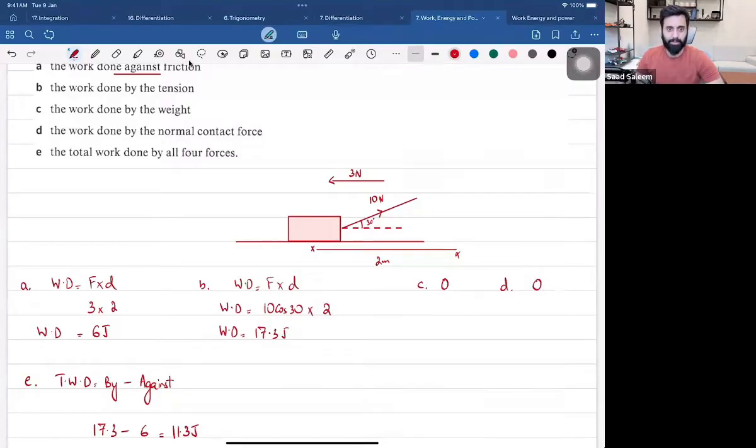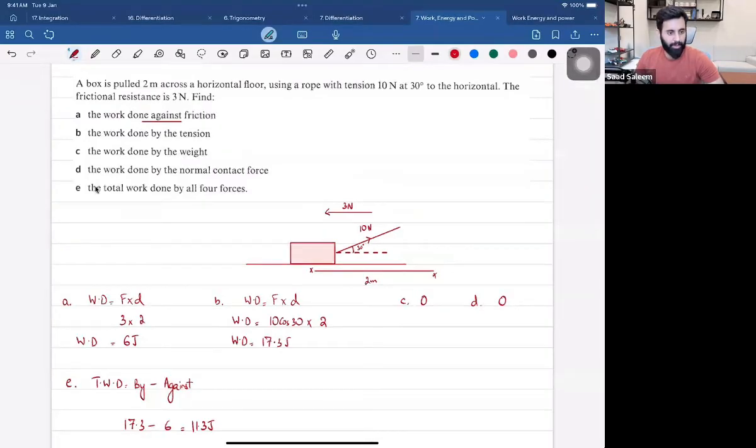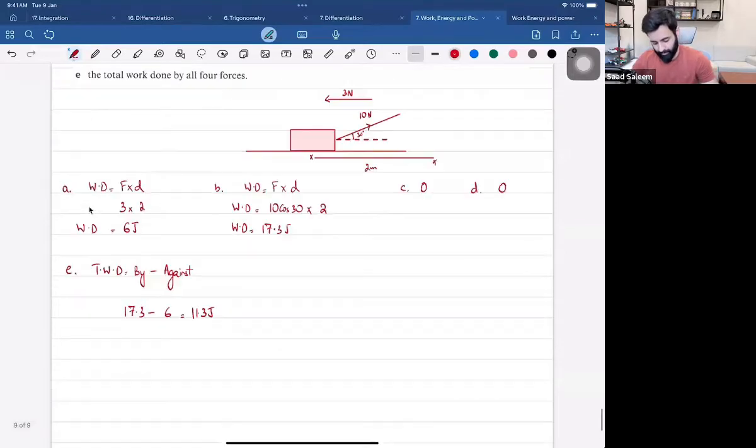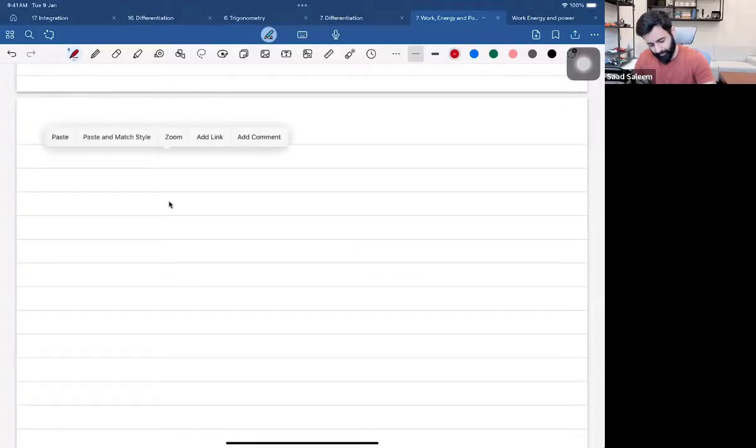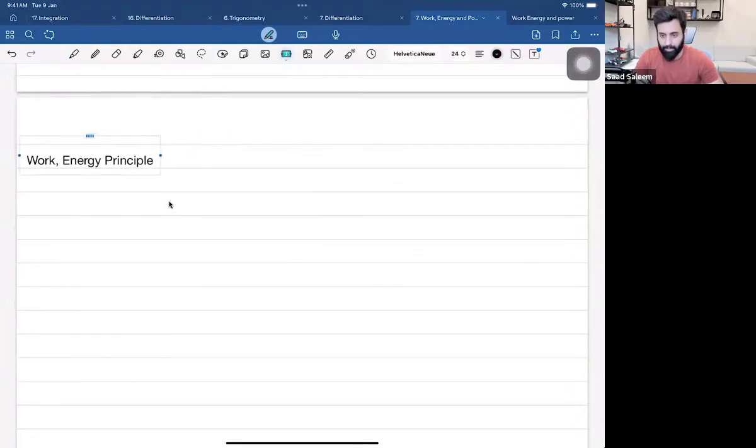So now what we're going to do is something known as the work energy principle. There are 2 approaches to solving questions that deal with the work energy principle, and we're going to look at both.